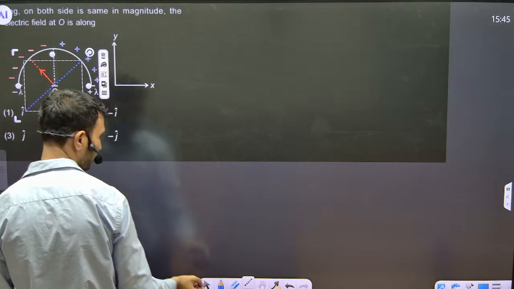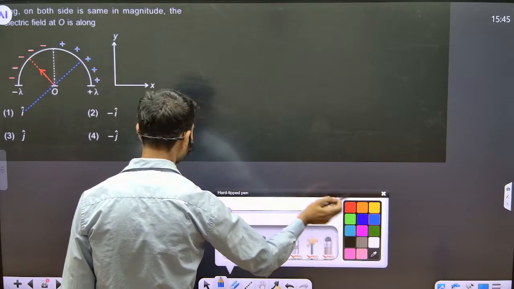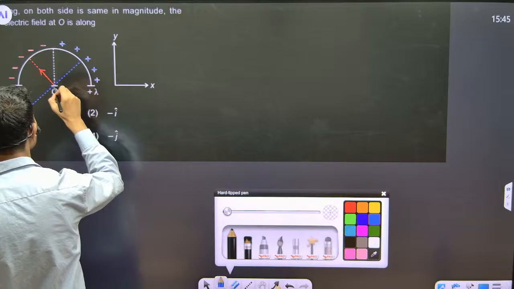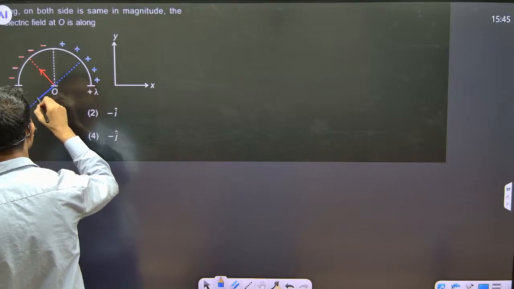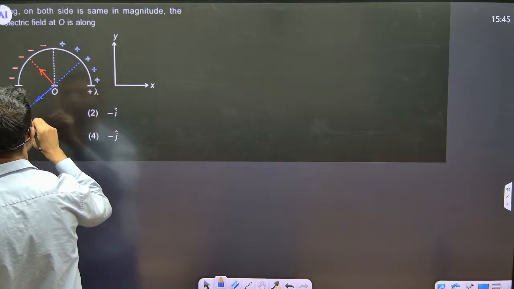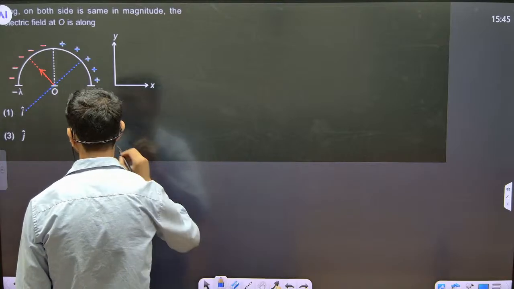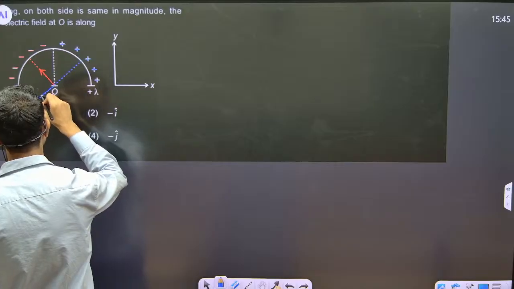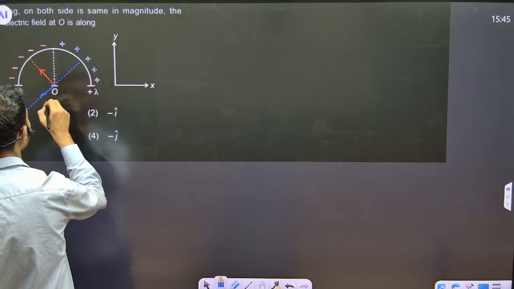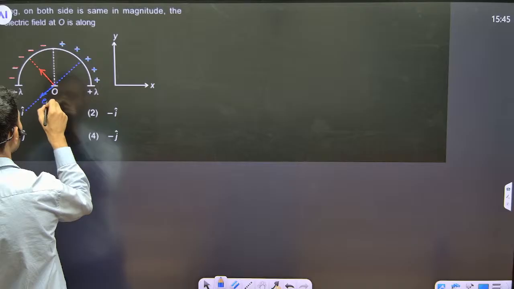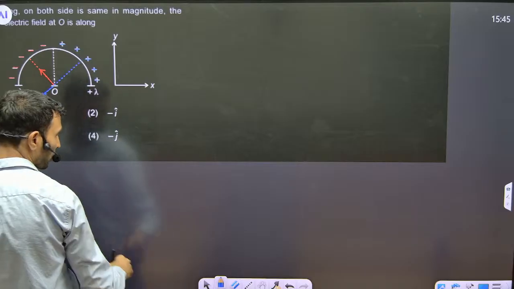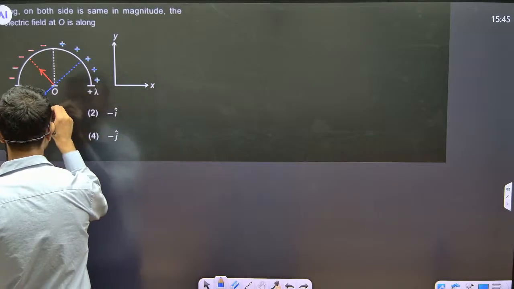Somewhere in this direction. This is E due to positive, right?